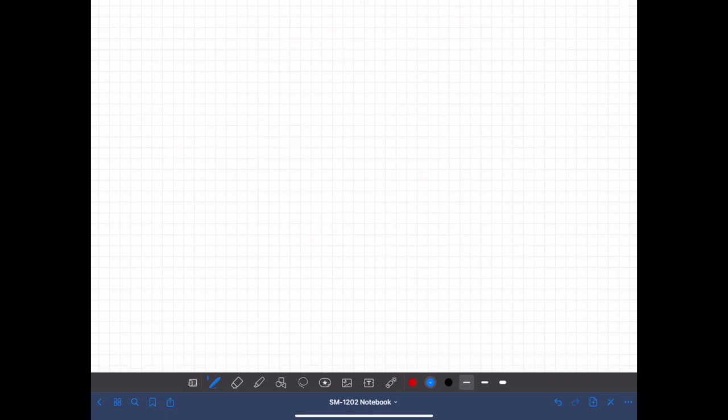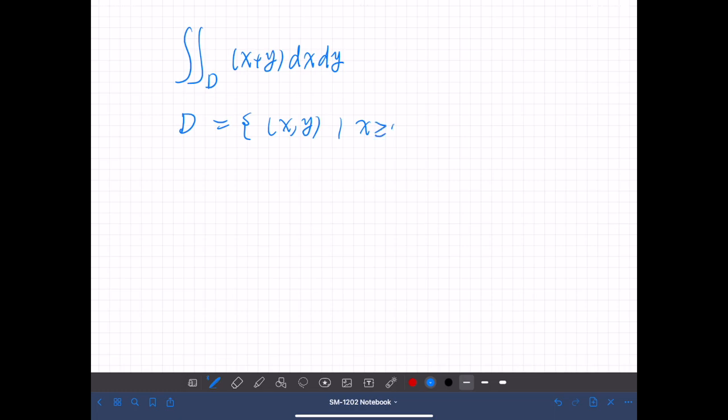Let's see a few examples. First, let's calculate this integral of x plus y dx dy, where D is defined as this: x is non-negative, y is non-negative, and x plus y is less than or equal to 2. So this means we are integrating the function x plus y in this region.